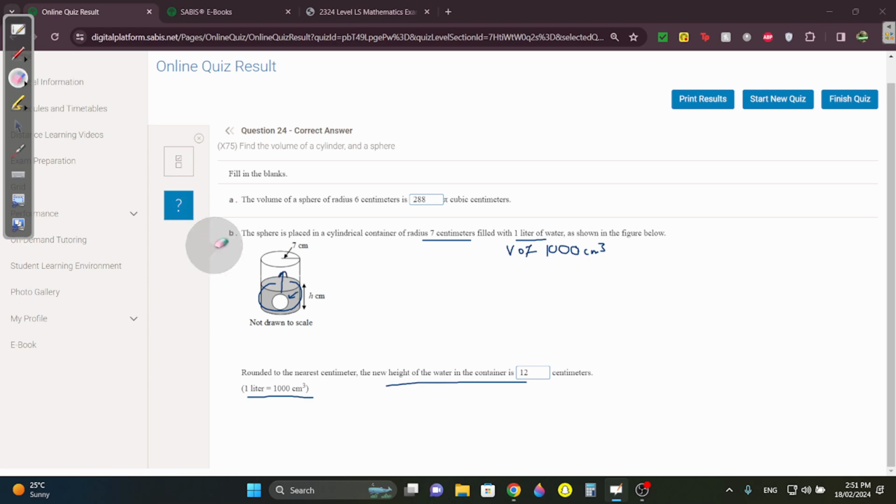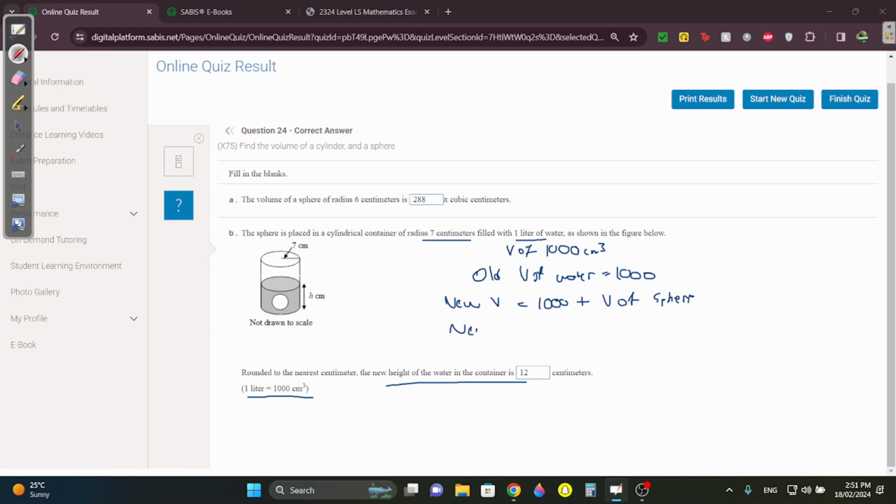Whenever you put an object into any liquid, the volume of that liquid will increase, right? The old volume of water is 1000. The new volume is the old volume plus the volume of the sphere, because we're submerging the sphere inside that water.